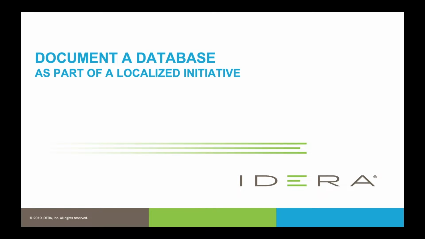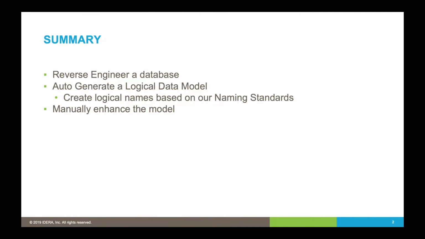In this video, we're going to document a database as part of a localized initiative. Now, this is the most common use case for ER Studio, and there's three primary steps that we're going to take. So the first one, we're going to connect to the database, and we're going to reverse engineer it and create a physical model. From that physical model, the tool will create for us a logical data model to go with it.